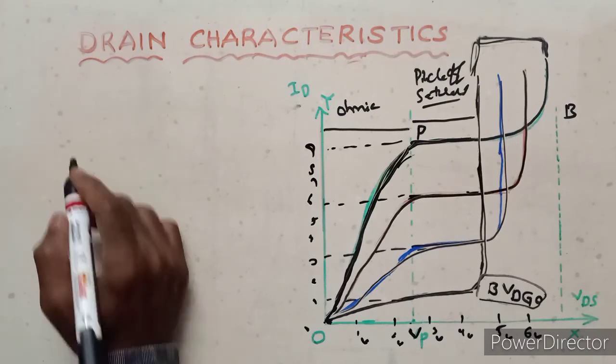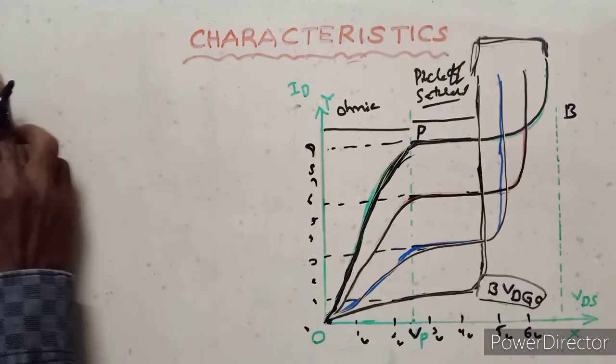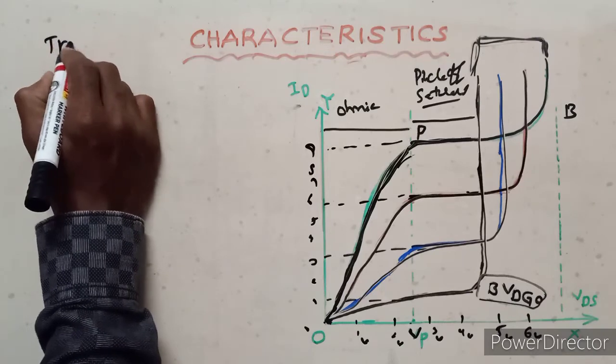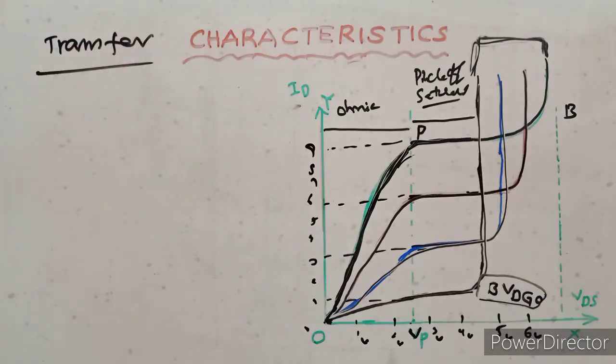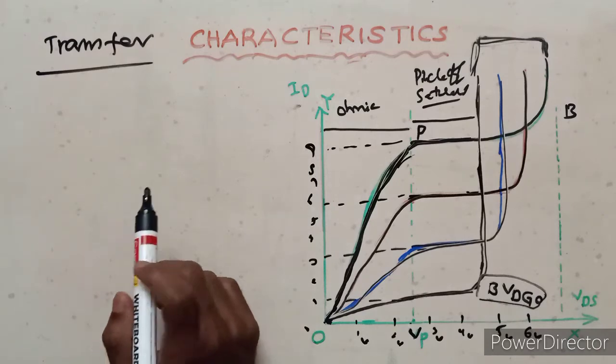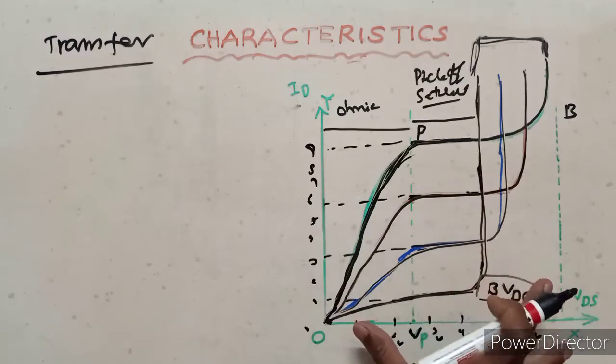Another characteristic: transfer characteristics. The transfer characteristics are produced with the help of the drain characteristics.